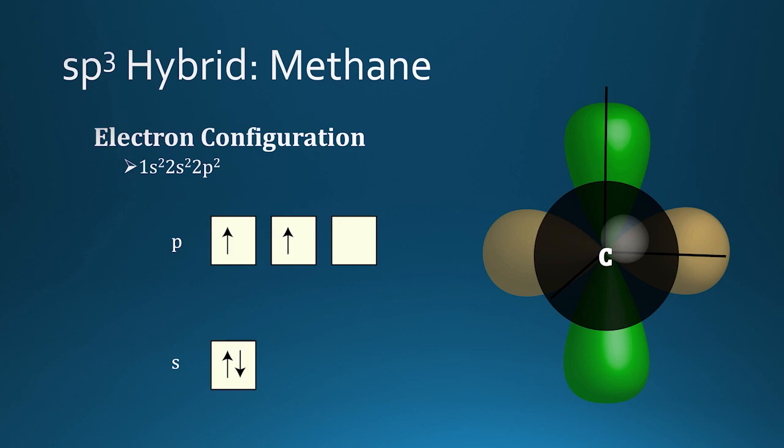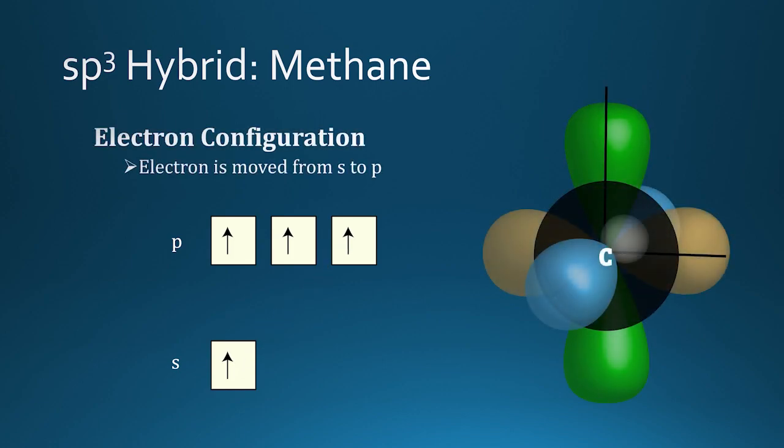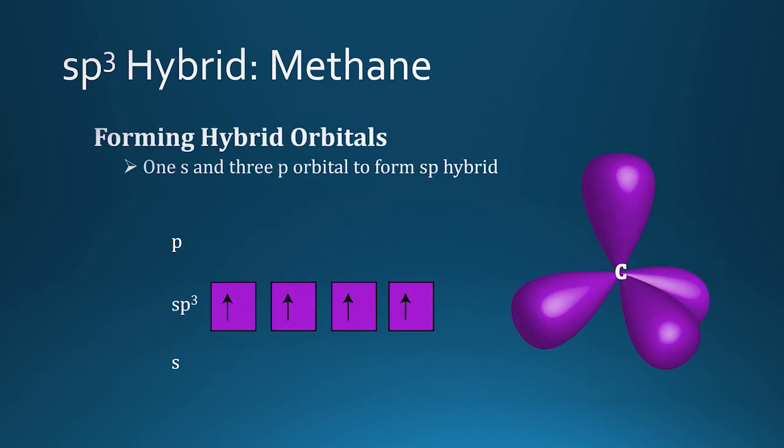Last thing we're going to cover is sp3. Methane is an example. We got pretty familiar with carbon and how its electron will be moved to a p orbital. The s orbital and all 3 p orbitals will combine to make 4 sp3 hybrid orbitals. The 4 sp3 hybrid orbitals will form 4 sigma bonds with 4 hydrogens.